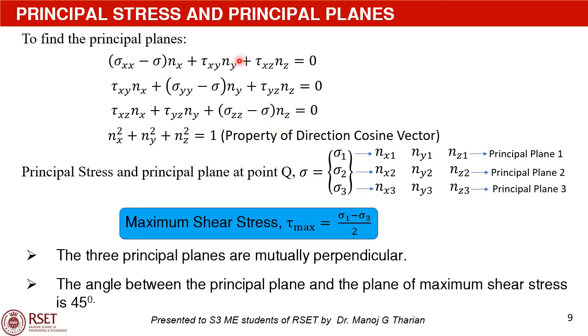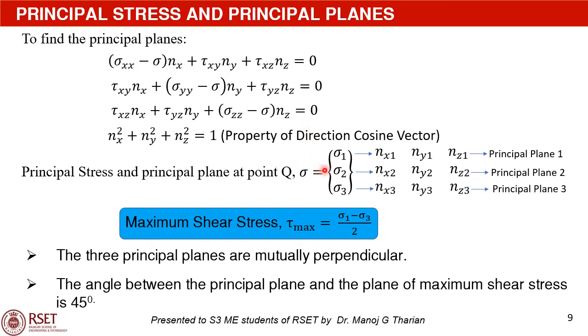That is, these set of three equations, we will get three simultaneous linear equations with the unknowns nx, ny and nz. Also, we can make use of the equation nx square plus ny square plus nz square equal to 1 in order to solve for nx, ny, nz.